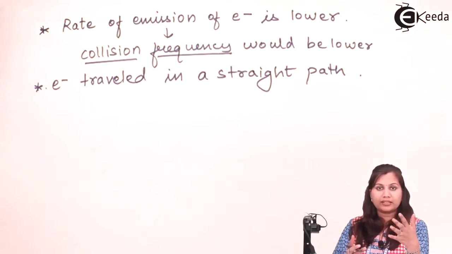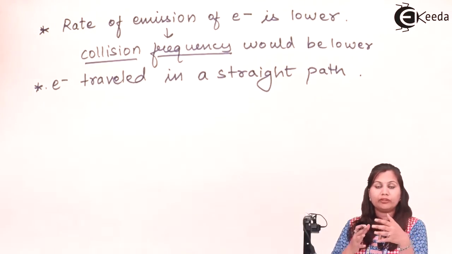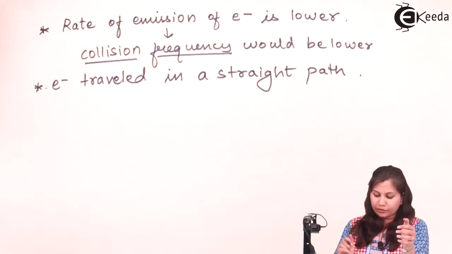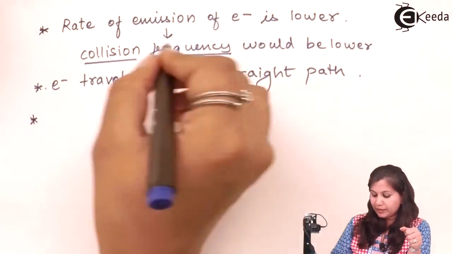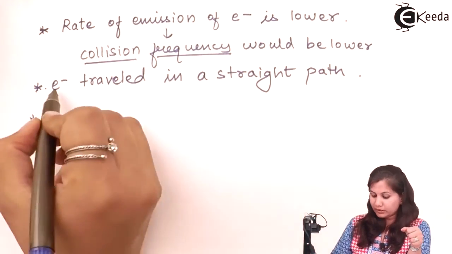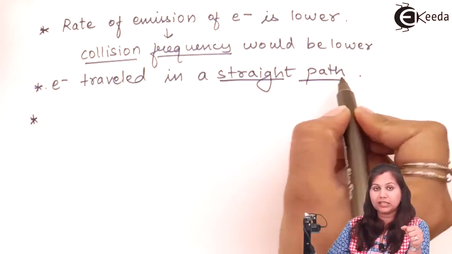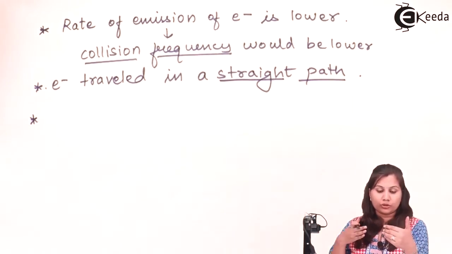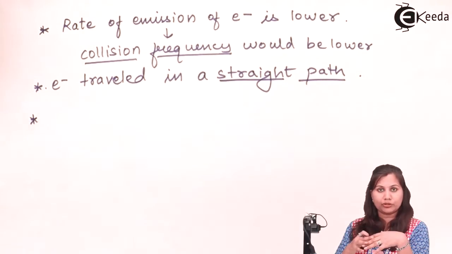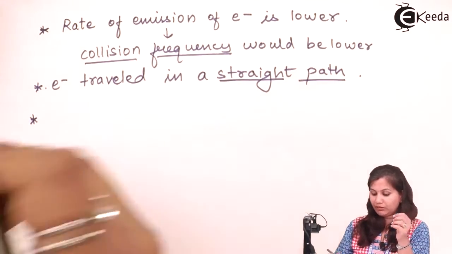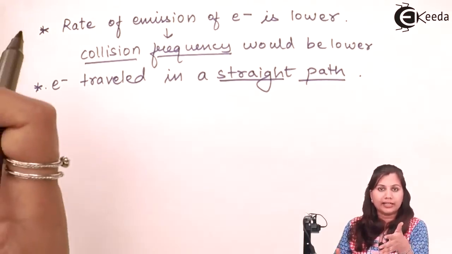So the current generated will be less and we will not get a high output, very low output will be generated. So to remove this problem, we have to increase the path of the electron, because earlier the electrons were traveling in a straight path. Because they are traveling in a straight path, the chances of their collision with the gas atoms will be reduced. So we have to increase the collision frequency, we have to increase the path of the electrons.